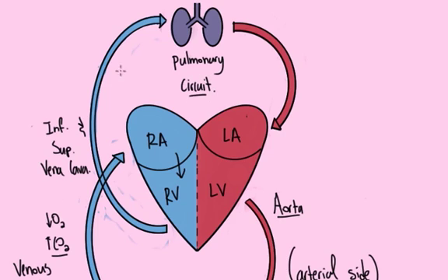I think in a previous video I stated that arteries leave the heart and veins go towards the heart. So here you have the pulmonary artery taking blood from the right ventricle to the lungs, and here you have the pulmonary vein taking blood from the lungs to the left atrium.